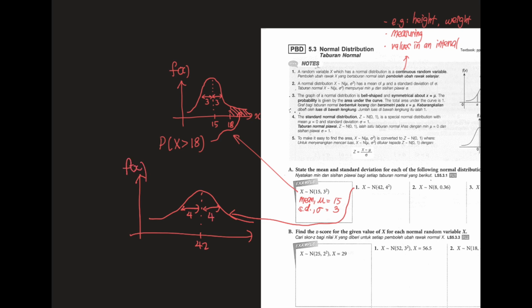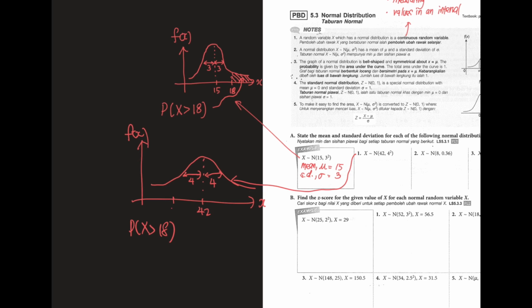So f(x) against x. If you want to find the probability of X more than 18, again, 18 is here. The probability of X more than 18 is the area in this way.